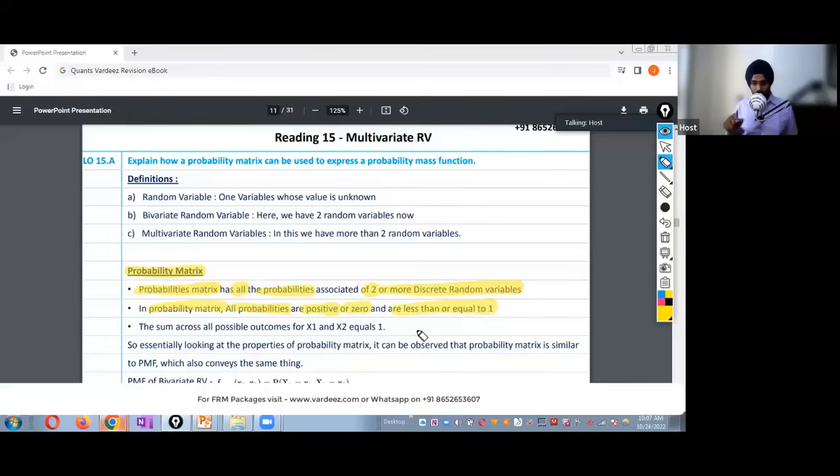If you add up all of them, it's going to equal 1, which is also a property of probability. The sum across all the probabilities for x1 and x2 equals 1. Once you add up all these things, it's going to equal 1.